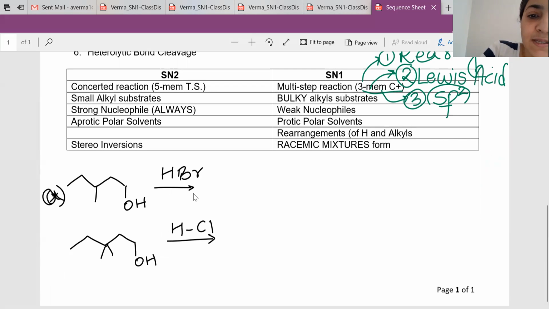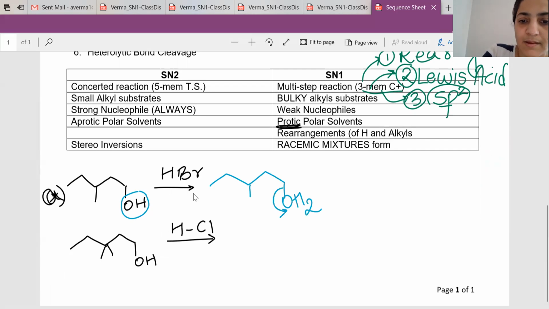Now, when you have this situation that you have protic conditions, you know that you are going to have an SN1 reaction. The first step would be the formation of the carbocation. And what do carbocations do? The carbocation will rearrange. Right now, the carbocation is primary. Can it become secondary?